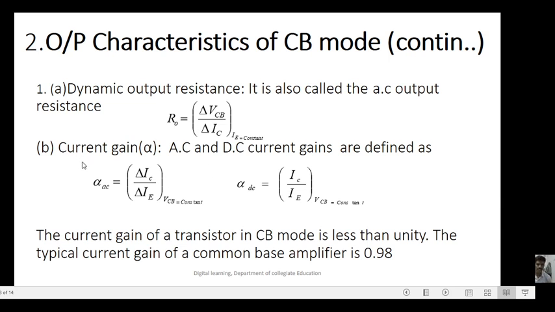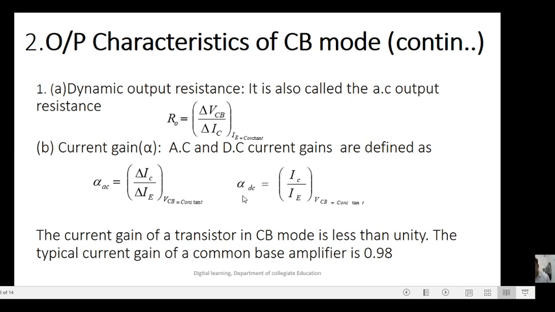Current gain alpha, AC and DC current gains are defined. Alpha AC, the AC current gain, is equal to delta IC by delta IE at constant VCB. So here we have to keep VCB, the voltage across collector and base, constant, and IC and IE must be varied.